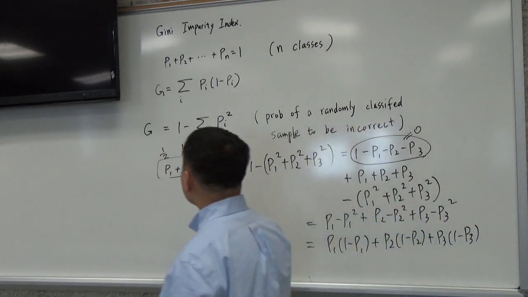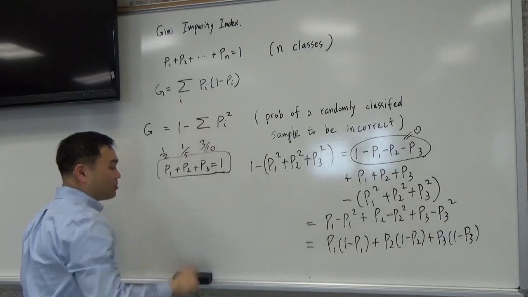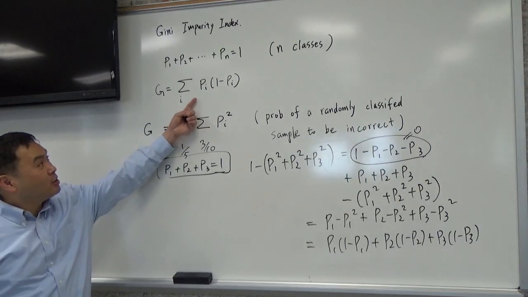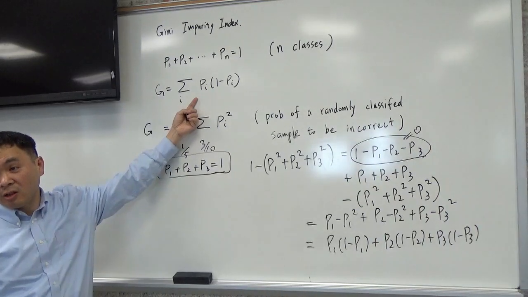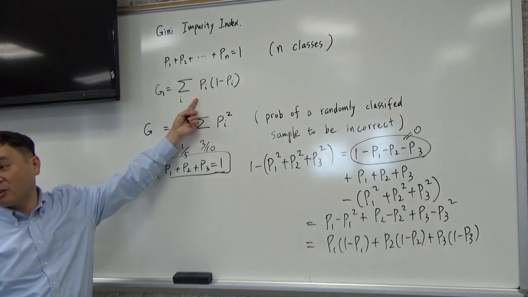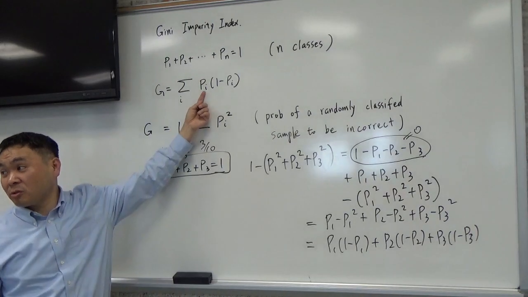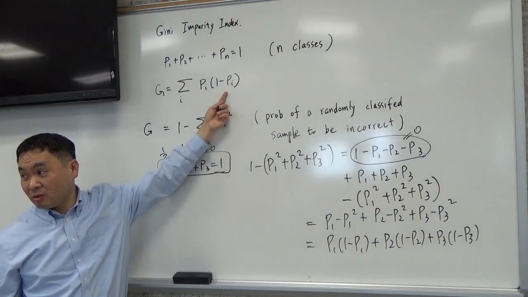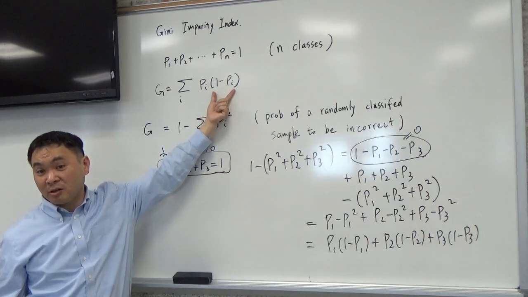Now, I like this formula better than this one because this tells us something that it's hard to read from here. When is this value small? When is the impurity small? When pi is close to 0 or pi is close to... when is this close to 0? 1, right?